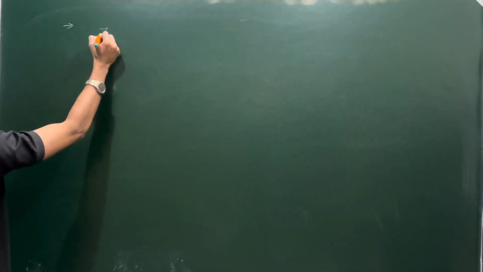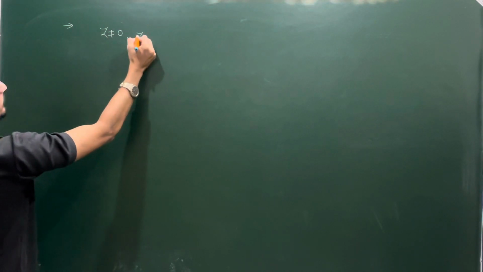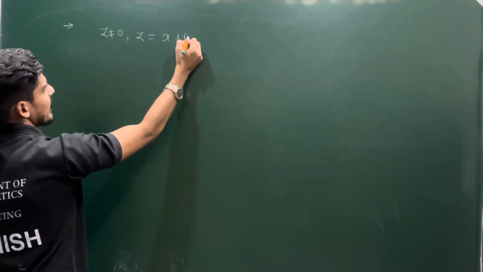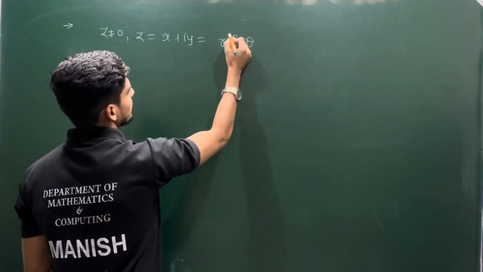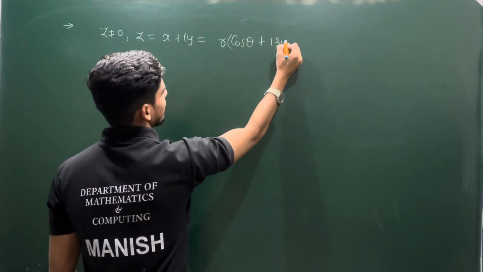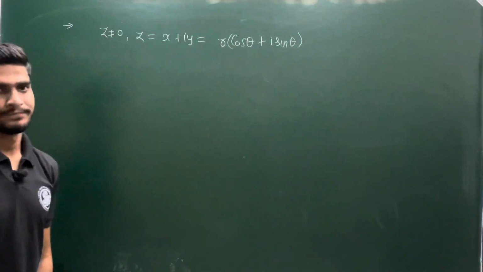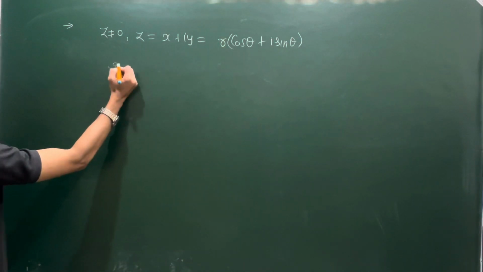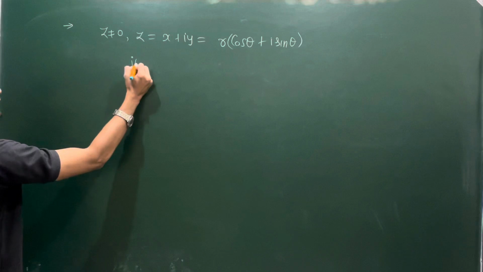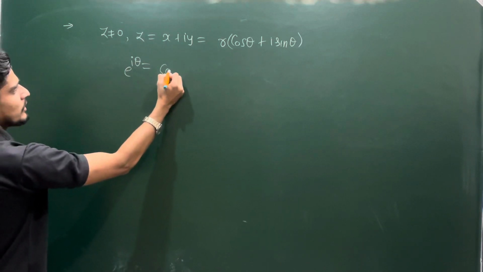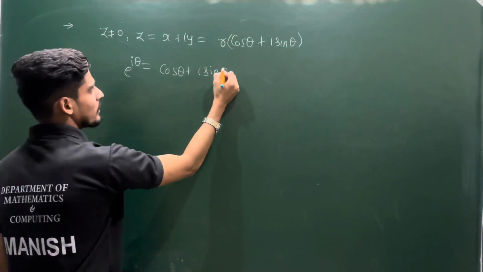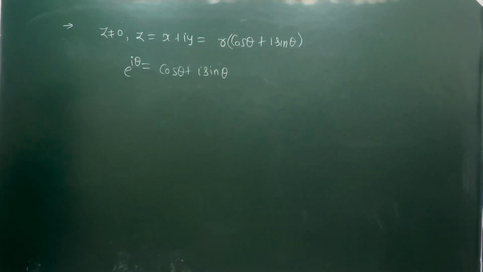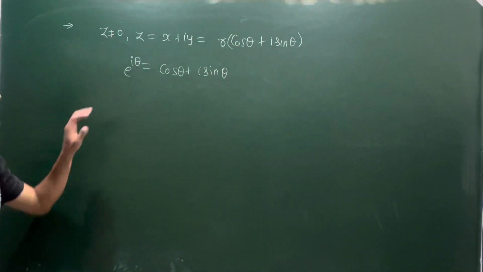Now, if z is non-zero, then this x plus iota y can also be viewed as r times cos theta plus iota sine theta. Now we know that e power iota theta, if I set this to be cos theta plus iota sine theta, then what am I going to get?